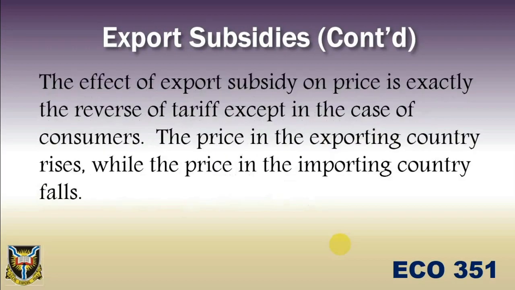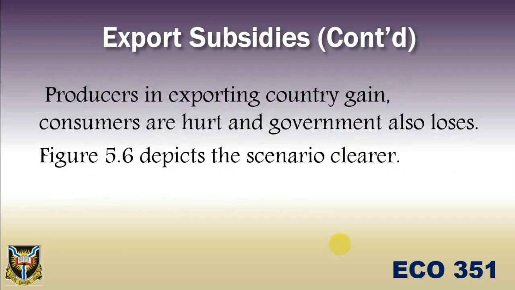The effect of export subsidy on price is exactly the reverse of tariff, except in the case of consumers. The price in the exporting country rises, while the price in the importing country falls. Producers in the exporting country gain, consumers are hurt, and government are also losers.